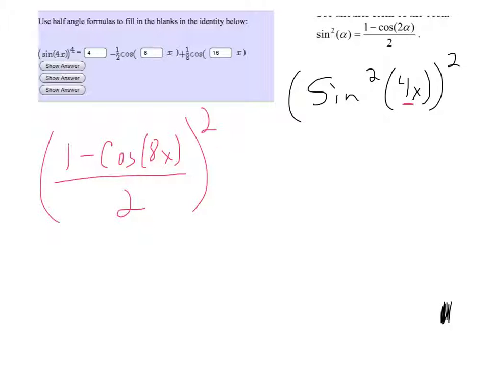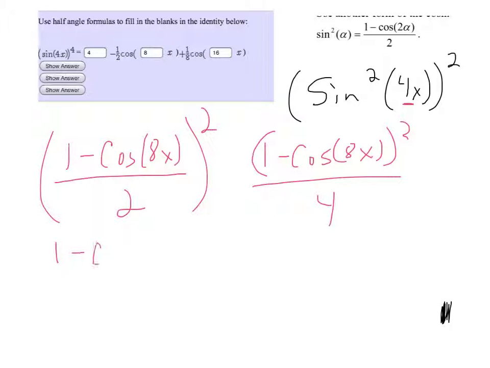Well, I can deal with squaring a term. So I'm going to square the numerator, and I'm going to square the denominator. Now I'm going to have to FOIL that numerator. So 1 minus cosine of 8x times 1 minus cosine of 8x.